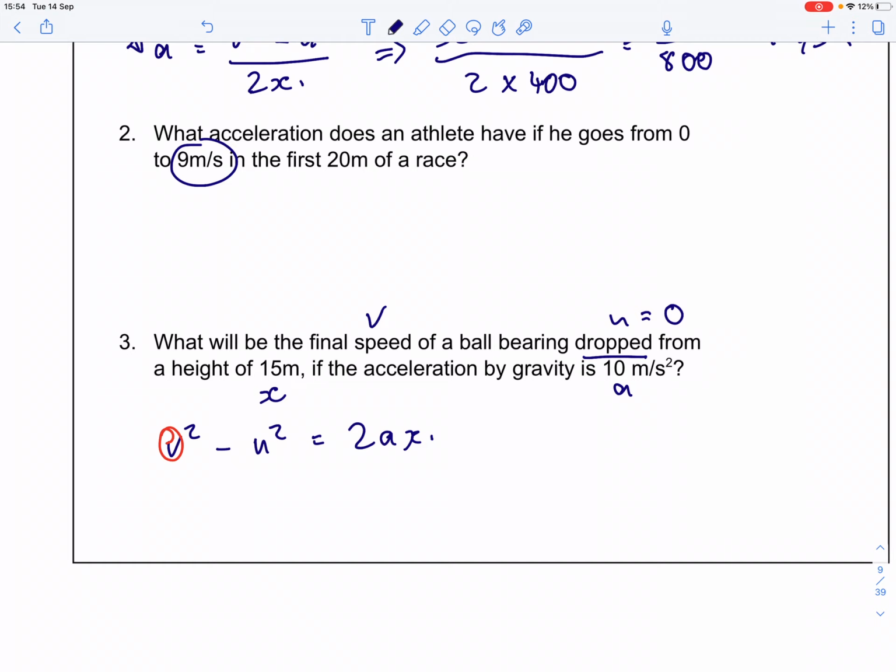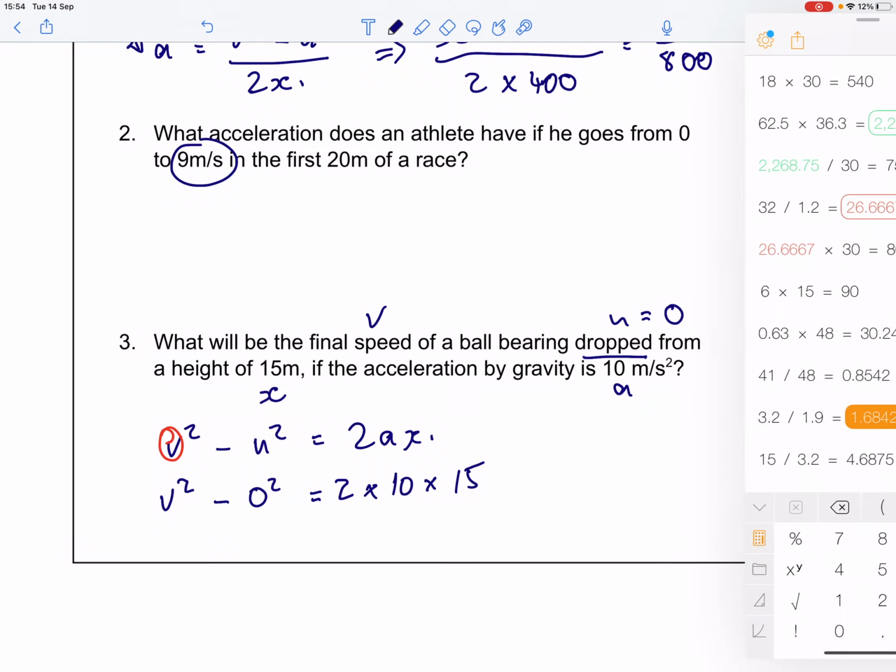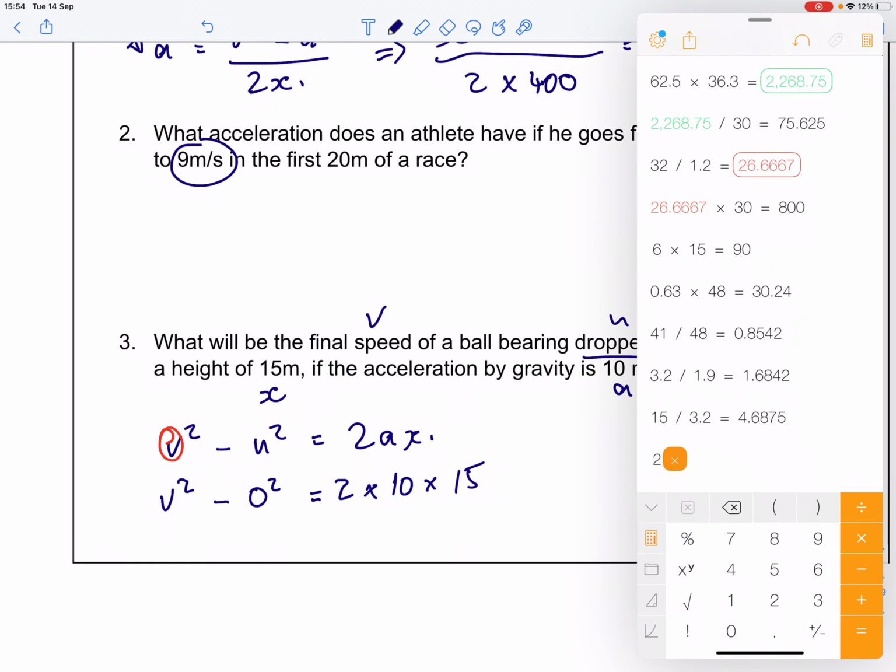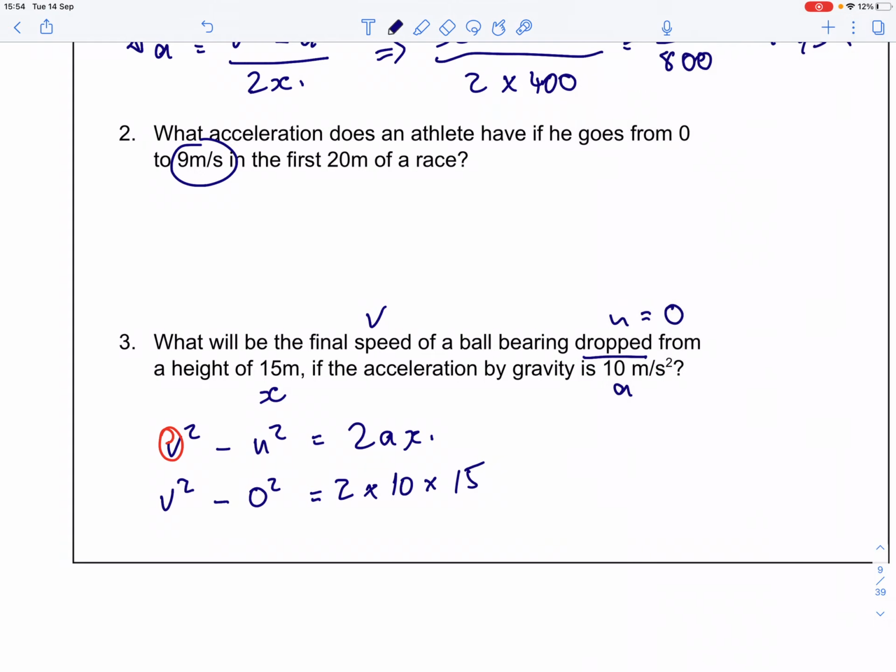We don't know v, that's the one we want, so v squared minus u is 0, so 0 squared is just 0, is equal to 2 times the acceleration, which is 10, times the distance that it's fallen, which is 15. When we simplify that, I'll do it on the calculator so you can see what I'm doing. 2 times 10 times 15 is 300. So v squared, ignoring the minus 0 because that cancels out, is equal to 300.